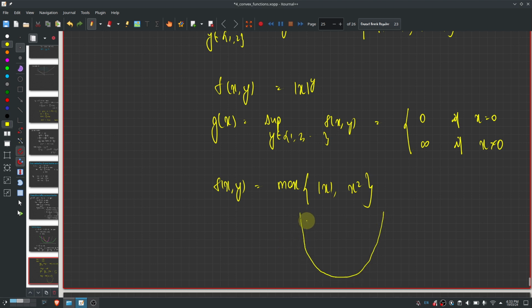So this would be x square for mod x greater than 1. That would be equal to mod x for x between -1 and +1. Right, so this is what the maximum would look like.